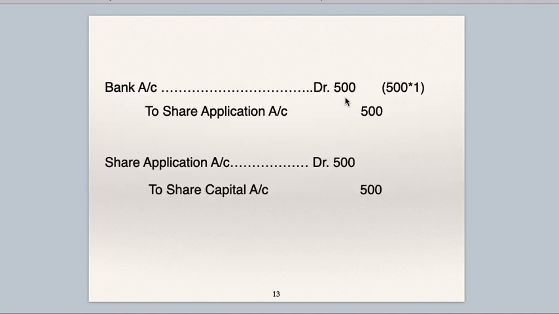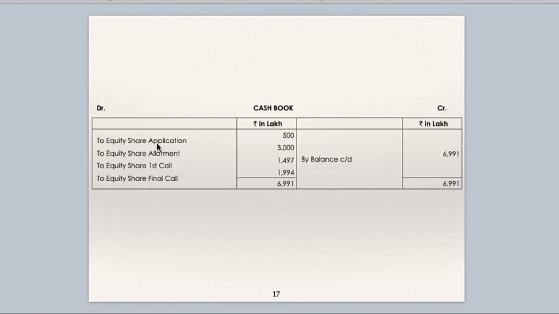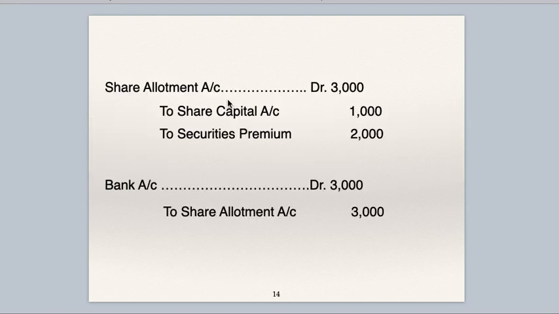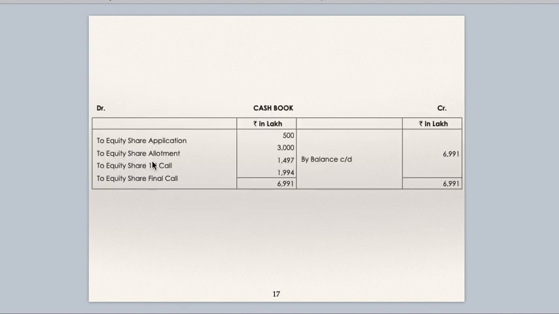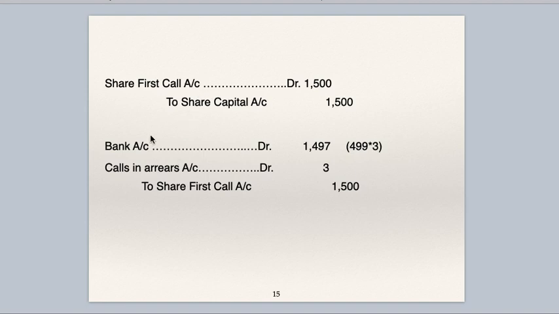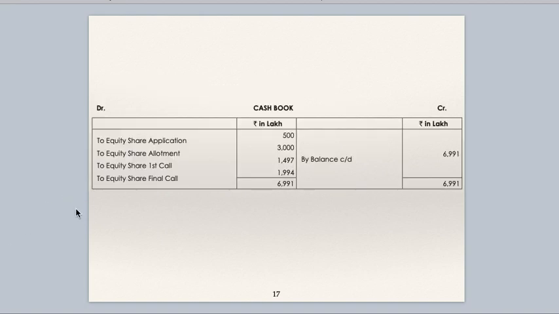First entry, bank debit 500 to share application. So cash book to share application 500. For allotment, bank debit 3,000. Cash book to equity share allotment 3,000. First call received is 1,497. Bank to first call 1,497.